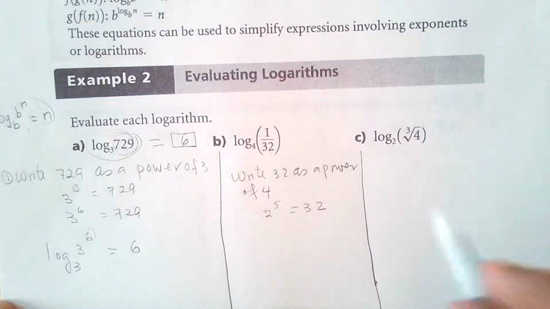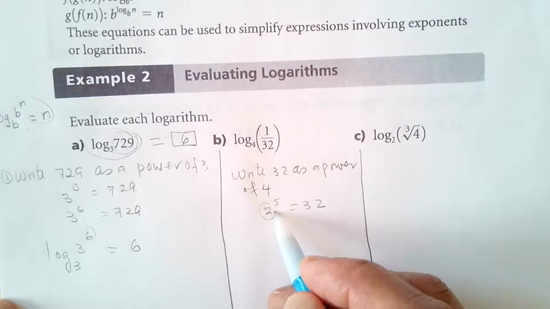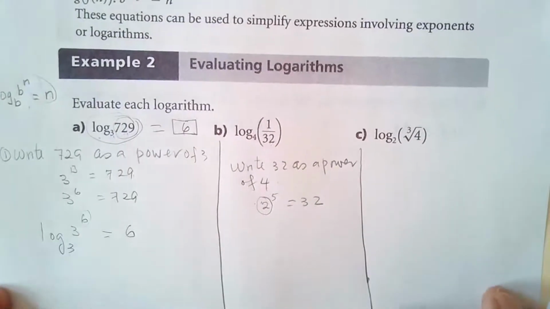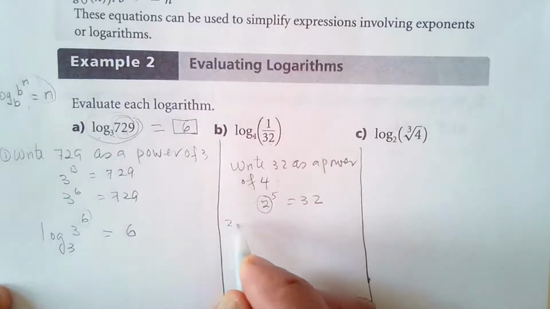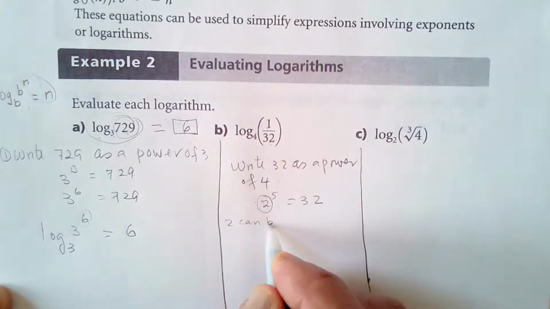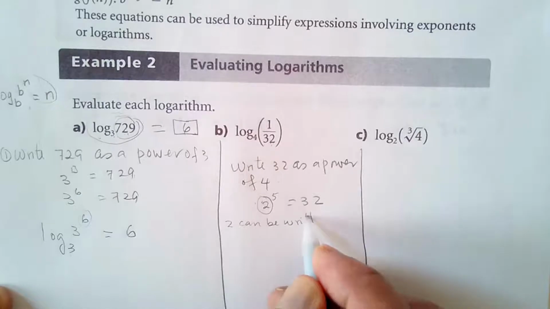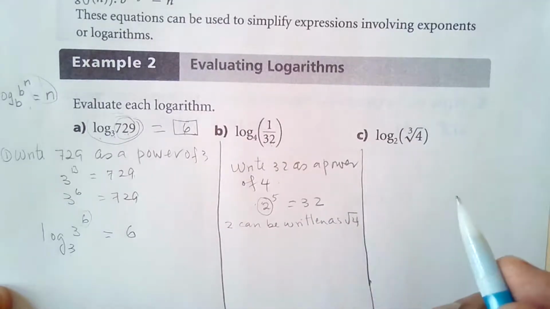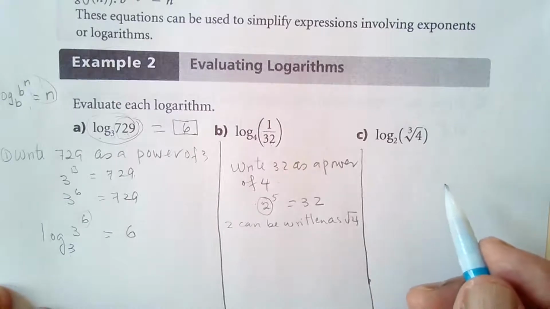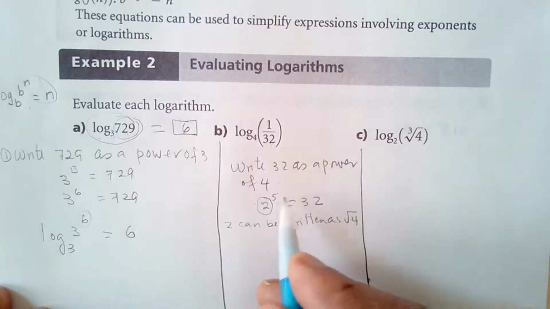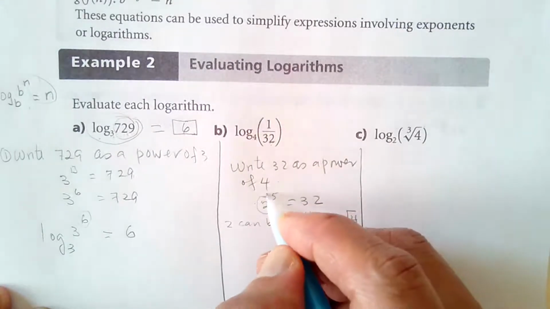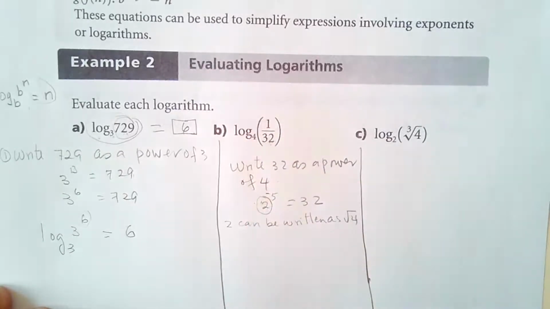But here's the thing. We can write 2 as the square root of 4. So 2 can be written as the square root of 4. Okay, so I'm going to replace 2 here. By the way, this should be negative 5 here.